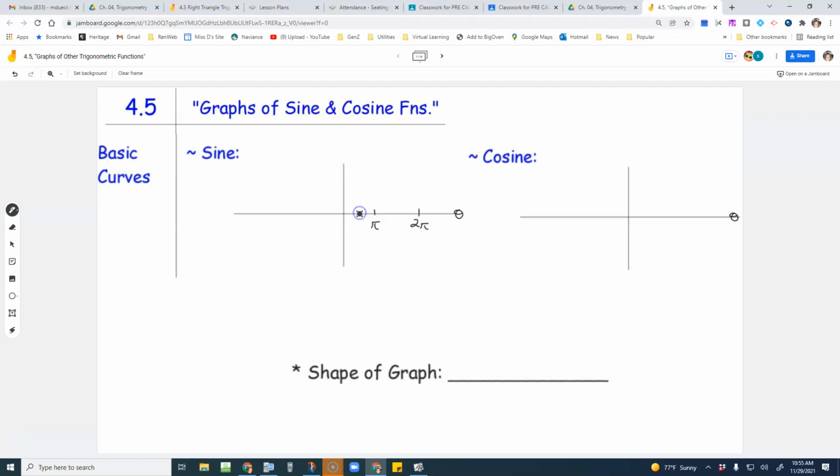So then the little halfway tick marks would be a half pi or 1.5 pi. I take my entire rotation around a circle and I put it on my x-axis. And then I ask myself, what are all those different values that sine can be? Biggest being 1, smallest being -1.